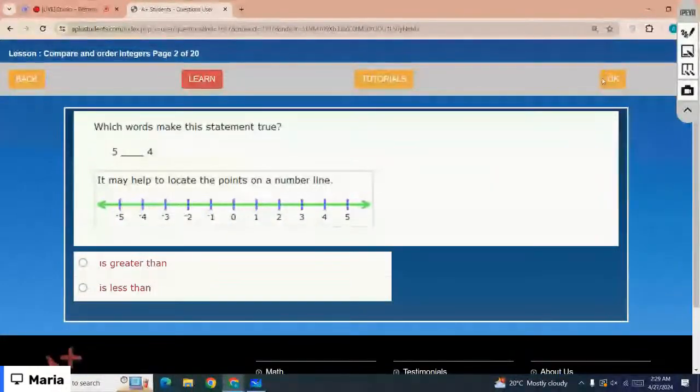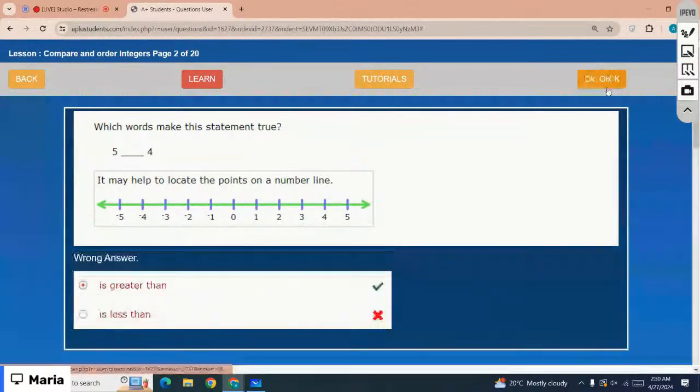Which words make the statement true? Yes, that is 5 is less than 4. The correct option is less. Oh, sorry, greater. You're on the positive side.